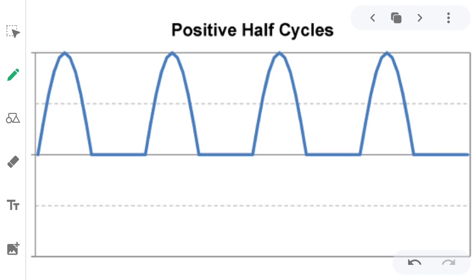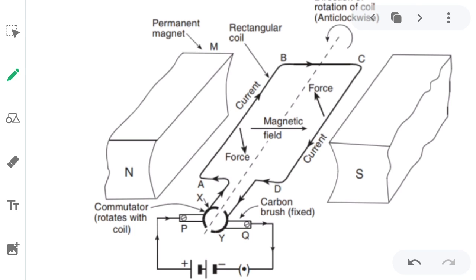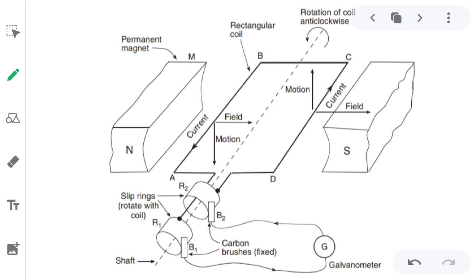Okay, so now I'd like to remind you of the construction of a motor. Okay, so a motor and a generator have almost the same type of construction.